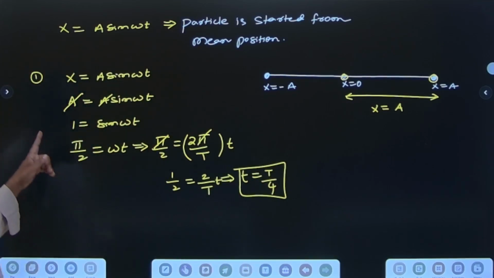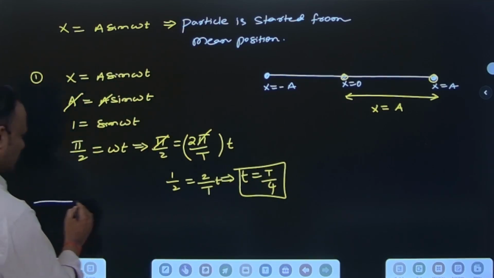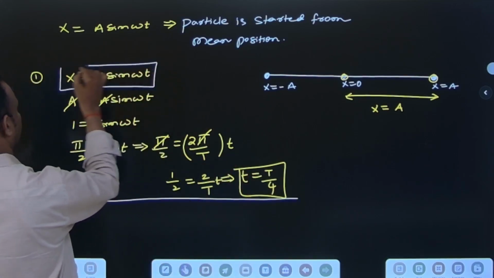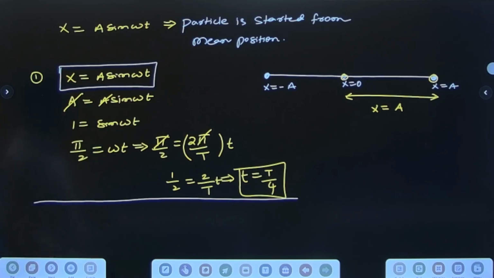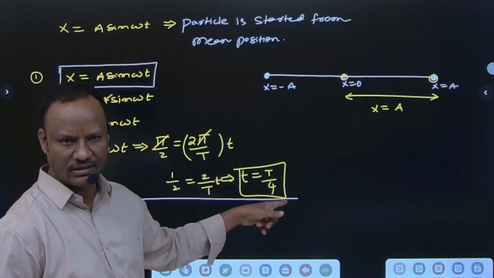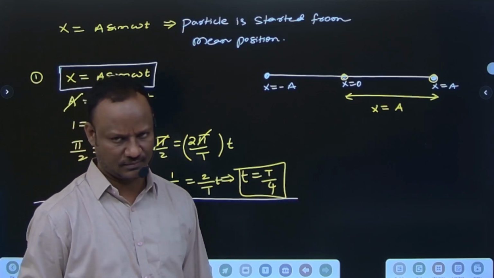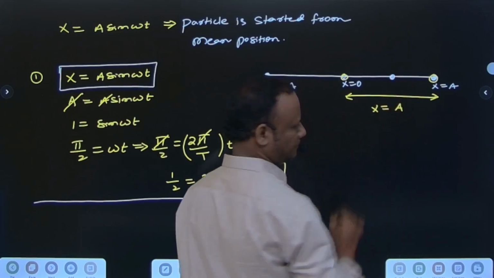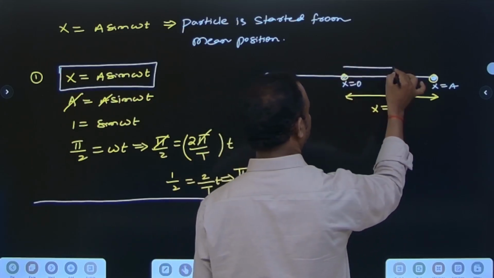So X is equals to A sin omega t, then t is equals to T by 4. For example, if I ask the question here, what is the displacement from here?